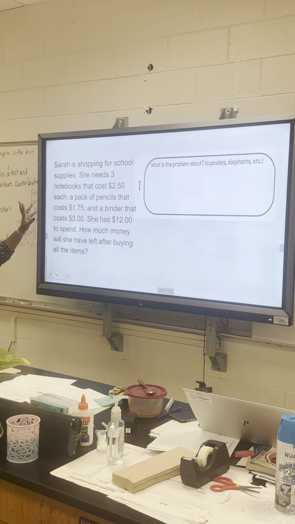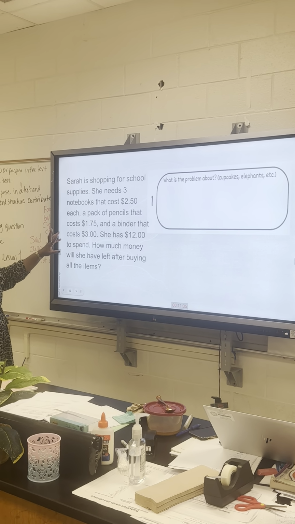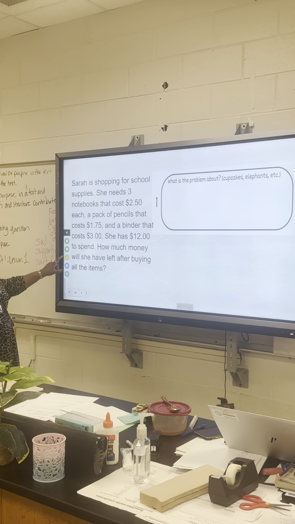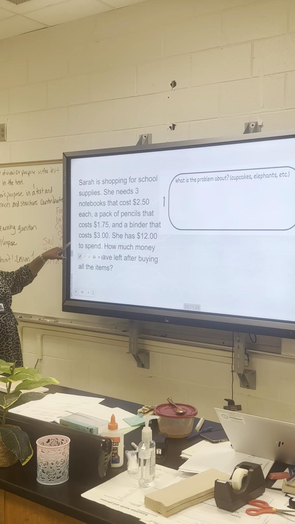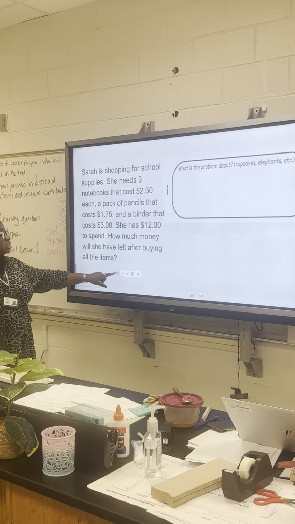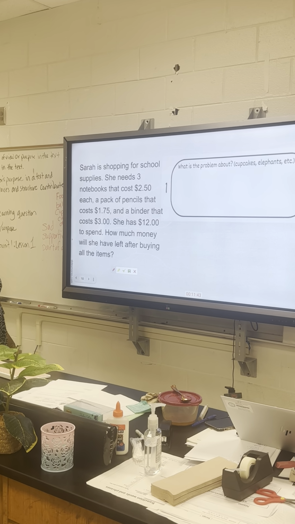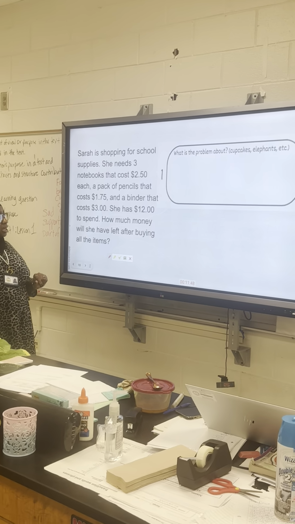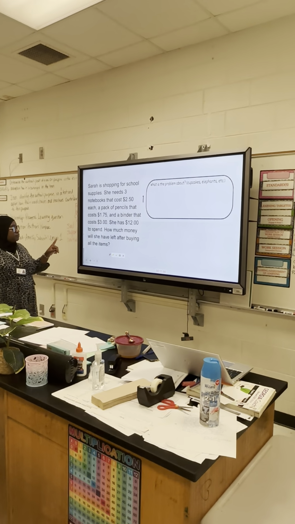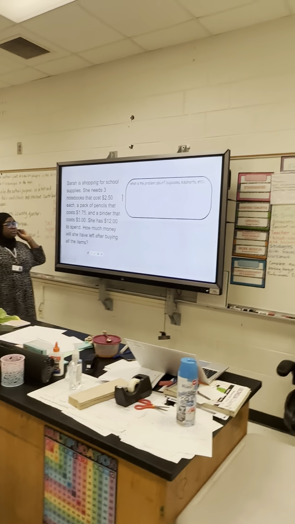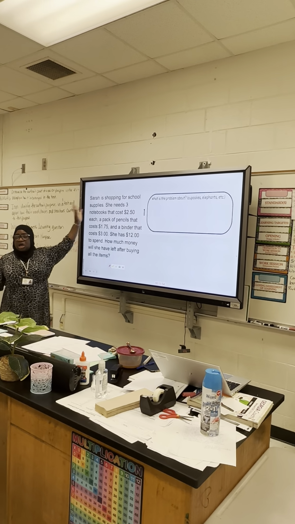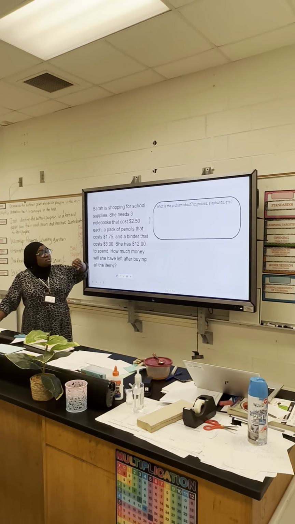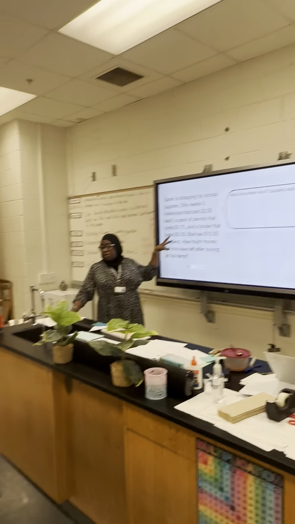She needs 3 notebooks that cost $2.50 each, a pack of pencils that cost $1.75, and a binder that costs $3. She has $12 to spend. How much money will she have left after buying all the items? Okay, what is this all about?